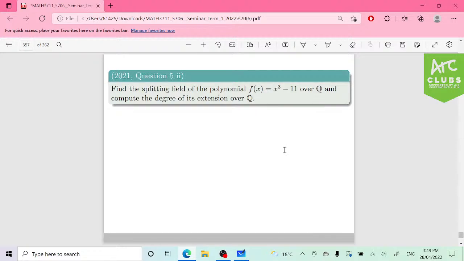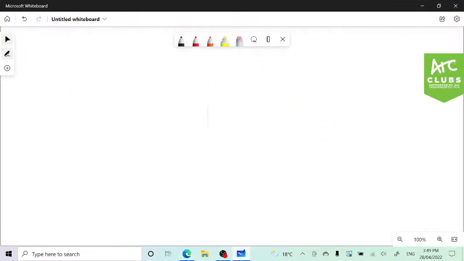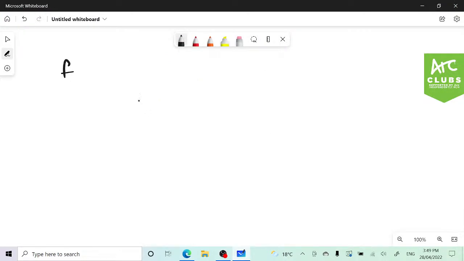So let's have a look at this example. And we're going to also compute the degree of this extension. So let's do this. Okay. So let's have a look at the polynomial f of x equal to x cubed minus 11, and we're going to consider this over Q. So let's first of all find the roots of this polynomial.